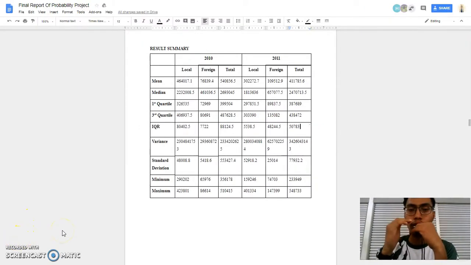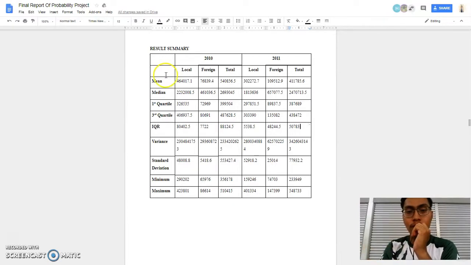For now, we will go to the result summary. Here, we made a table for you to understand more. We divide it into two parts: first 2010 and then 2011. We make a sub-part for each: local, foreign or international, and total.